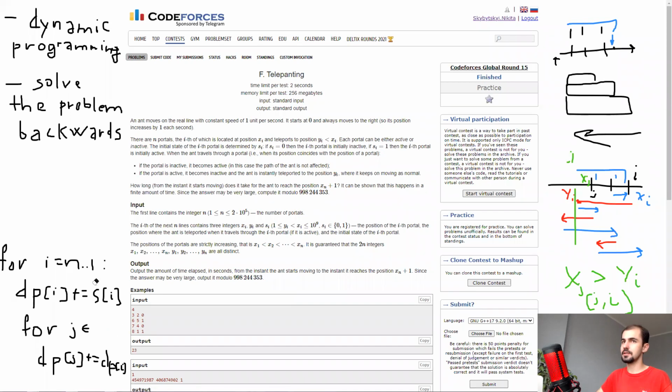So this set is actually from j0, I can call it j0 of i because it depends on i, up to i minus 1. Now this is problematic. This yields a quadratic solution, of course.